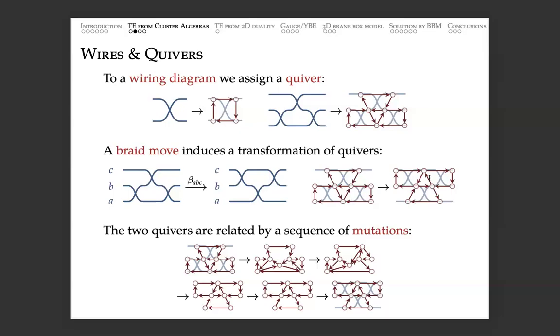I won't explain the definition of mutations here, but I can explain it later if there are questions. But let me just move on. The point is that the two quivers related to two wiring diagrams connected by a braid move are related by a sequence of mutations. You can just check it.